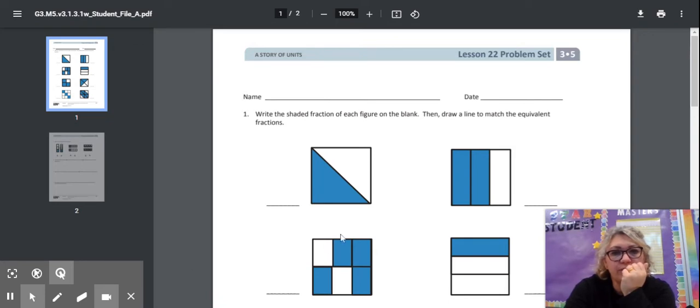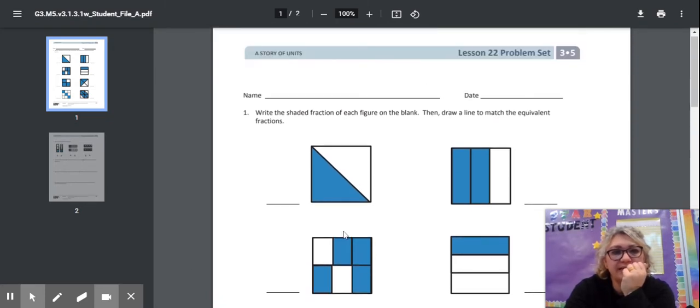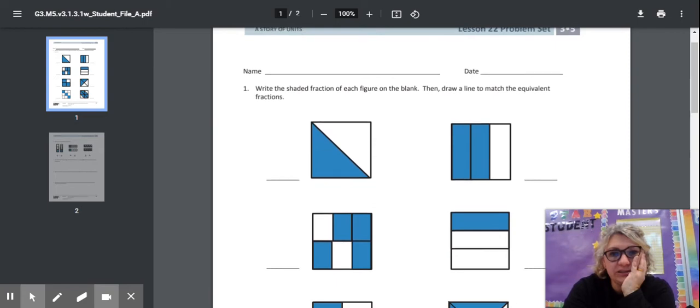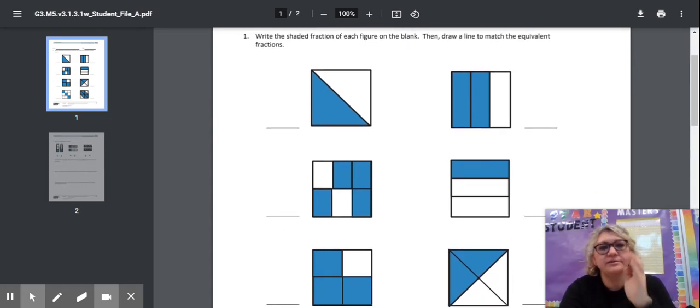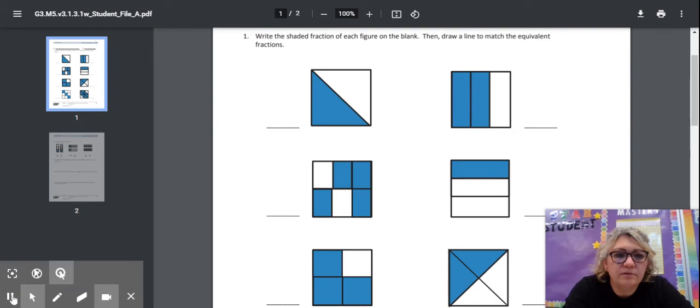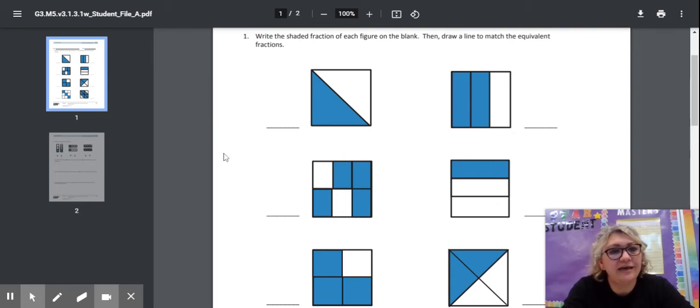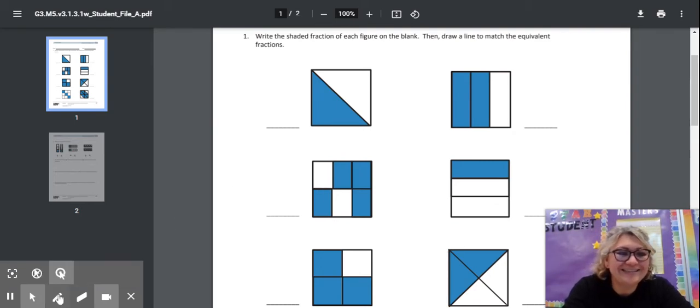Okay, so we are moving on to the problem set. It says, write the shaded fraction of each figure on the blank, then draw a line to match the equivalent fraction. All right, so, oh, gotcha. I got it now. Okay, so I'm going to use this purple color.